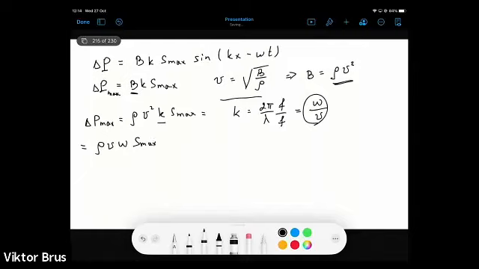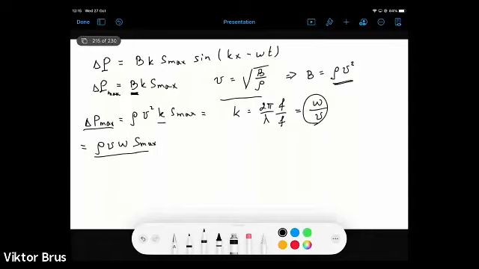That is maximum displacement. So in this case, we expressed change in the pressure in terms of density and speed of sound, instead of using bulk modulus B, because both density and speed of sound can be more easily measured and are commonly available information.